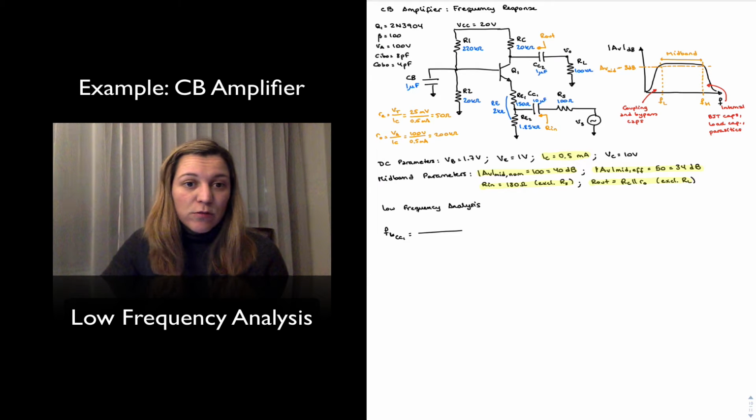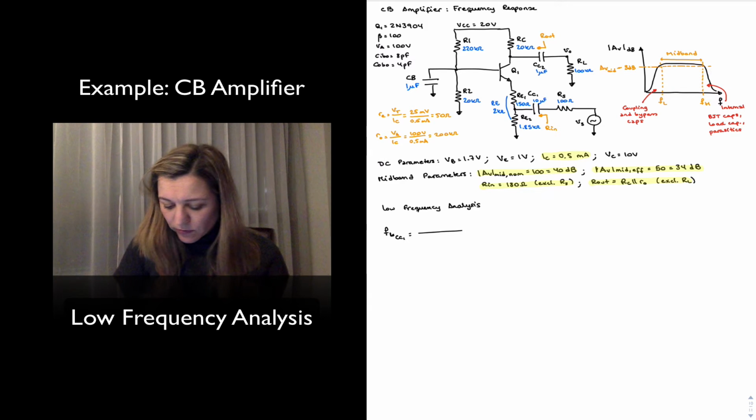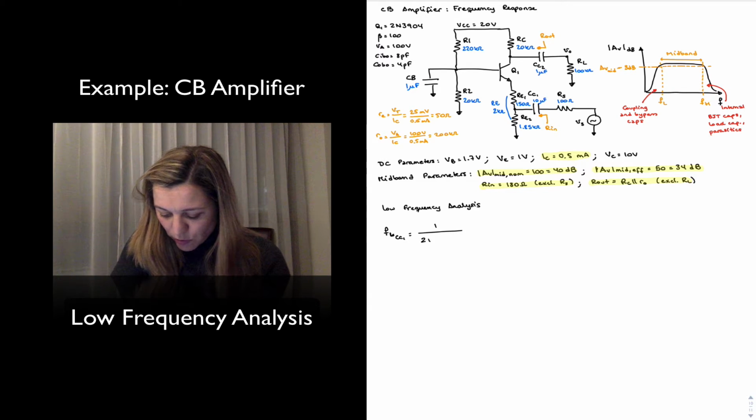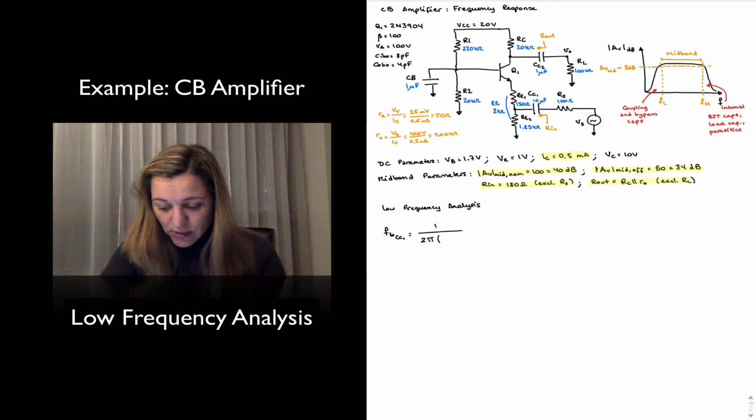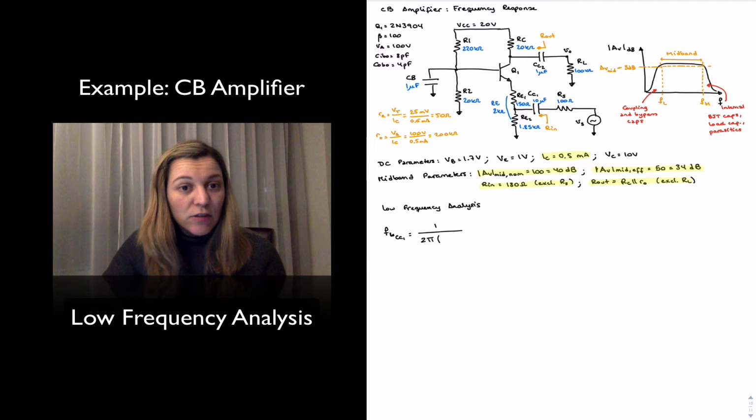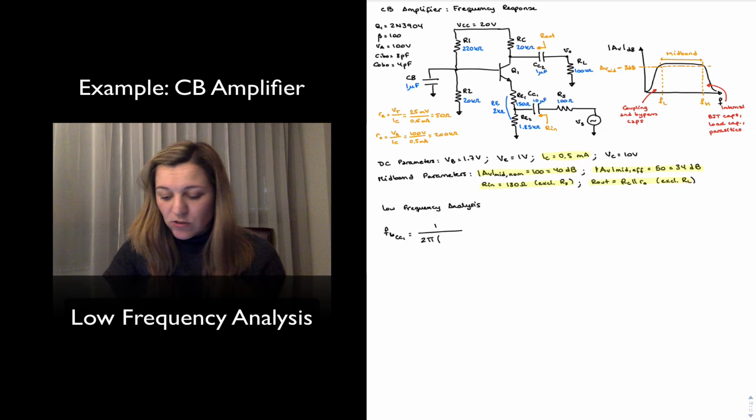So all those cutoff frequencies are going to be of the form 1 over 2 pi RC, with C being the capacitor under study and R being the Thevenin resistance connected across the terminals of that capacitor. In the case of CC1, the Thevenin resistance connected across the terminals of the capacitor is, on one side, RS. For purposes of calculating the Thevenin resistance, we're disconnecting the voltage source VS, so that will be a short to ground.